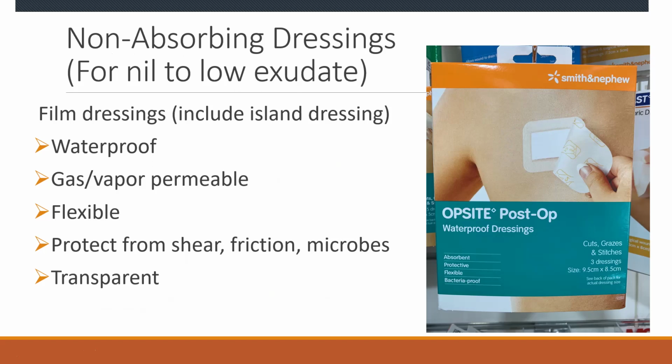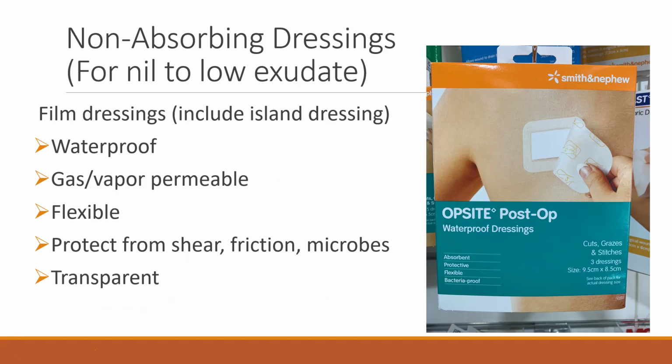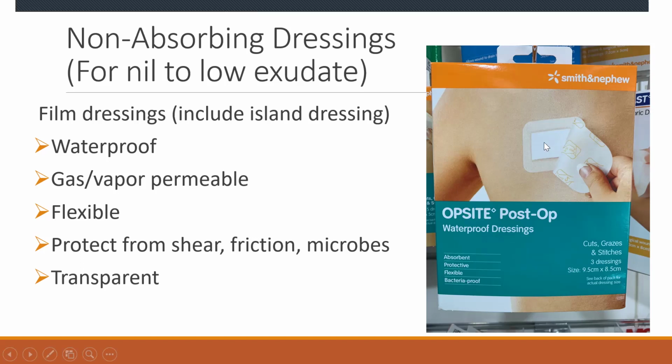Island dressing is something in the middle, that small patch can absorb the discharge. Or sometimes you can just put only the film, without the island one, without the gauze in the middle.